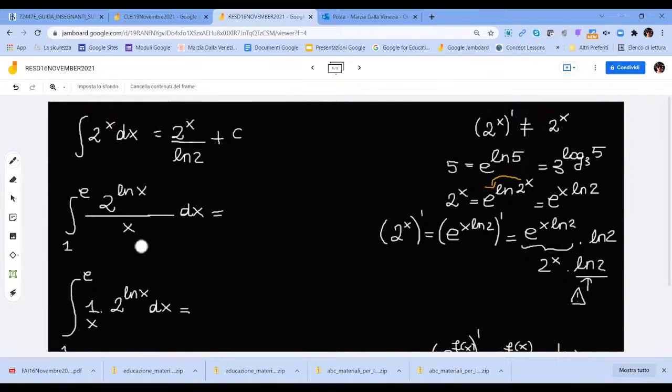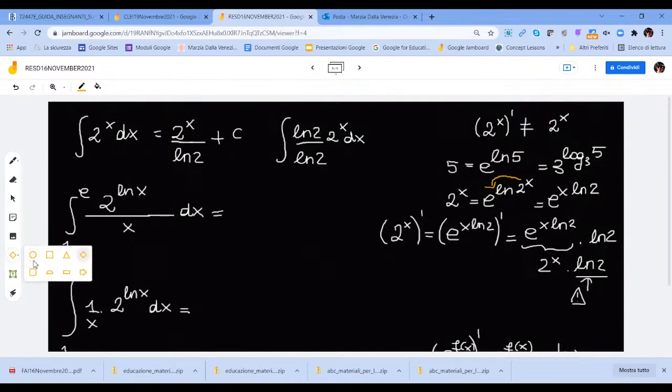But if we write logarithm of 2, you could have written logarithm of 2 divided by logarithm of 2, sorry, not e, 2 to the x in the x. This is the same. I'll write in parentheses.